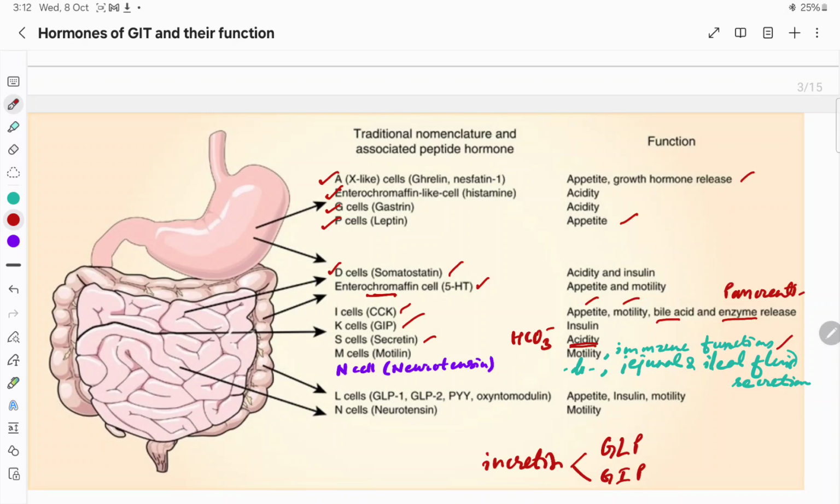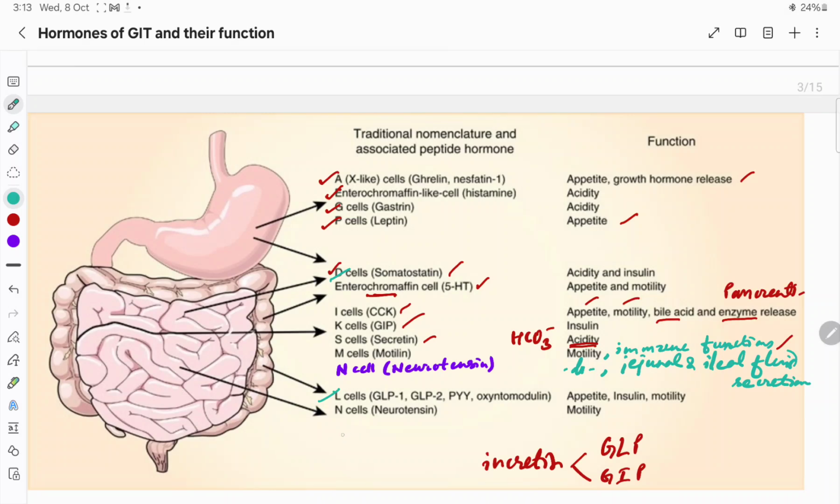Then the large intestine has three types of cells. One is the D cell, then there is the L cell, and the N cell we have already mentioned.